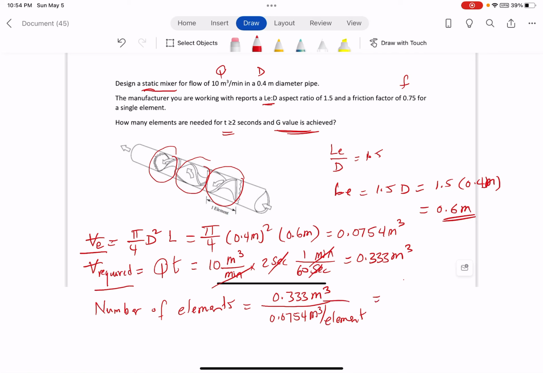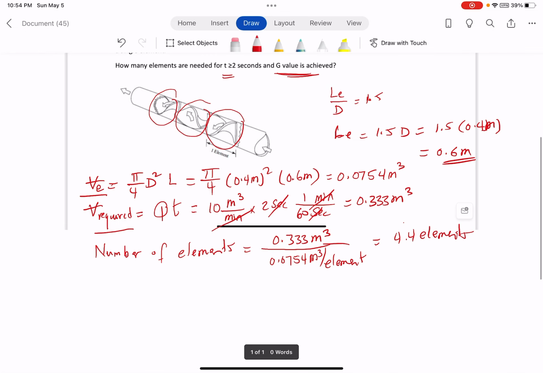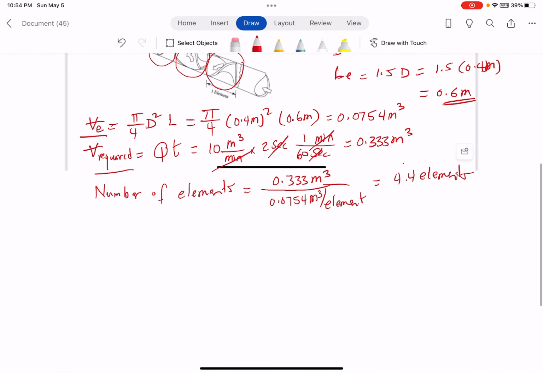If you divide this, you will get 4.4 elements. Actually, it's impossible to have 4.4 elements, so you're going to use 5 elements.